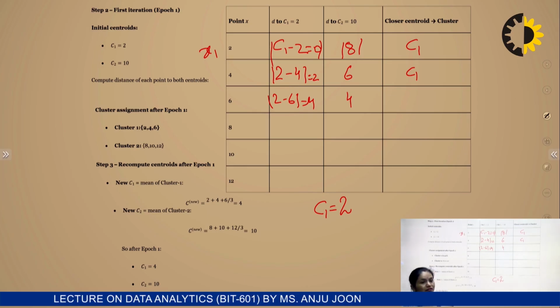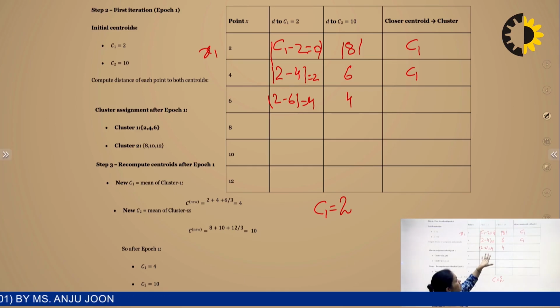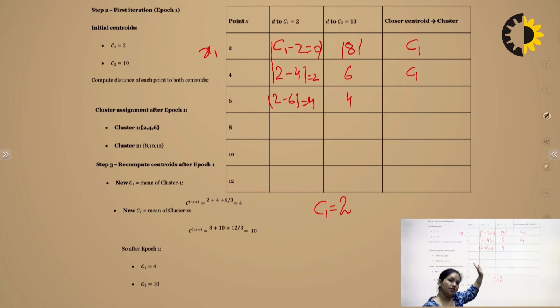So randomly we can put it in either one, but we need to make sure that if it was in C1 and it is showing that it can be in C1 or C2, we will keep it in the cluster where it belongs. As it is from C1, we will keep it in C1 only because both have the same distance. If it belongs to C2, we will put it into C2.